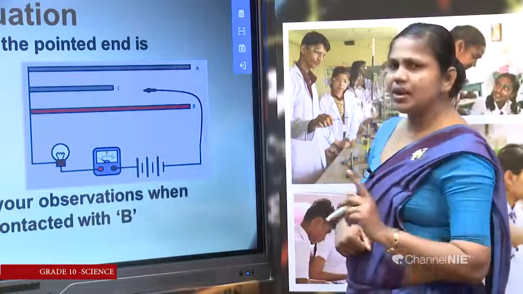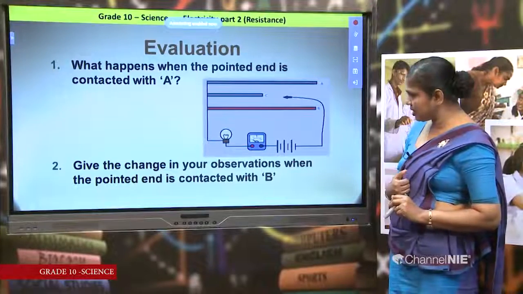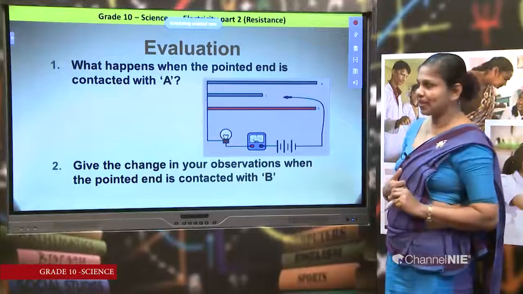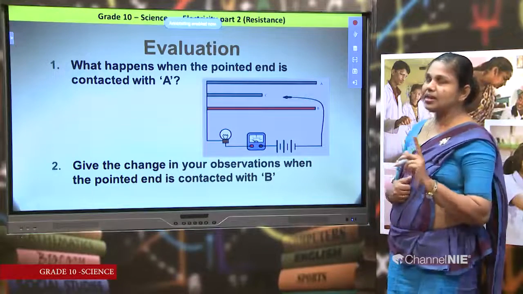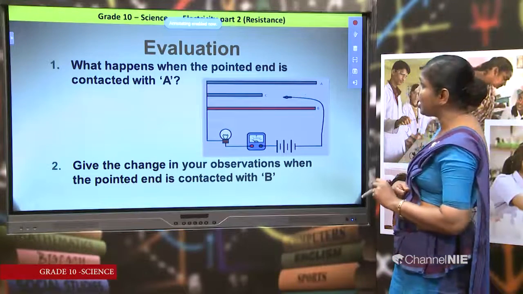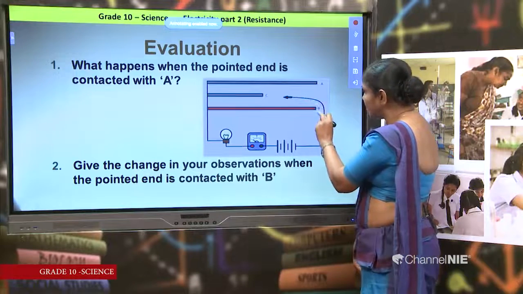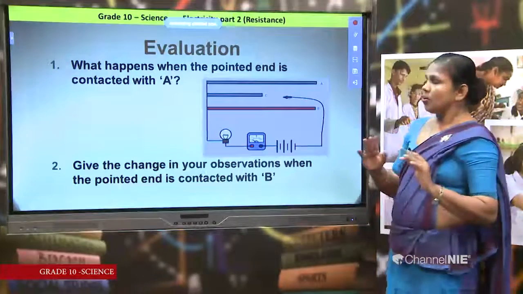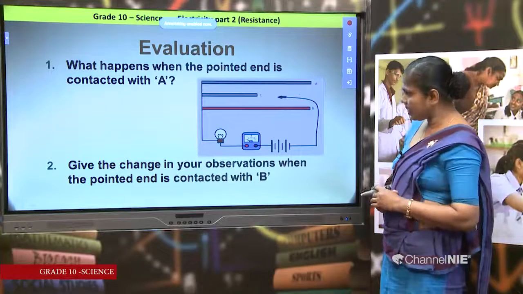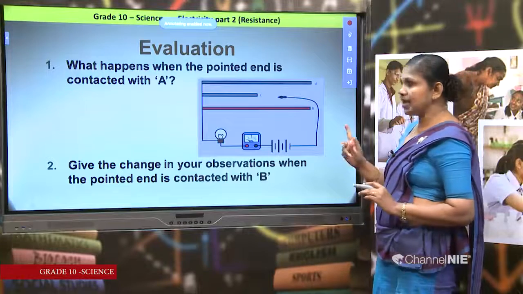Then look at the next question. Give the change in your observations when the pointed end is contacted with B. Remember, children, you must mention the observations. Now, when the pointed end is contacted with B, what will be the changes in our observation? You know, A is a nichrome wire, B is a copper wire.